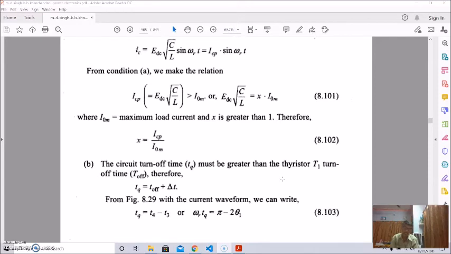You will know what conditions you have to fulfill to select the values of the commutating capacitors and commutating inductors.